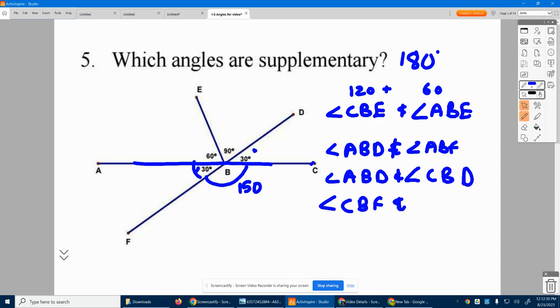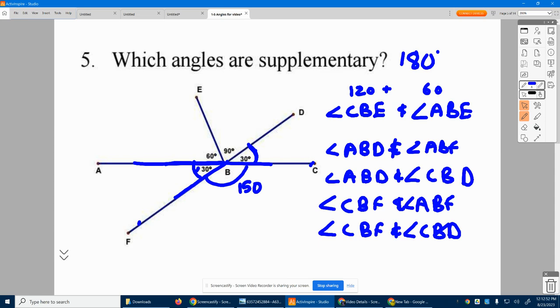So we could say CBF with, we'll do this angle right here, ABF, angle ABF. And you could also do angle CBF and this 30 right here, CBD, angle CBD.